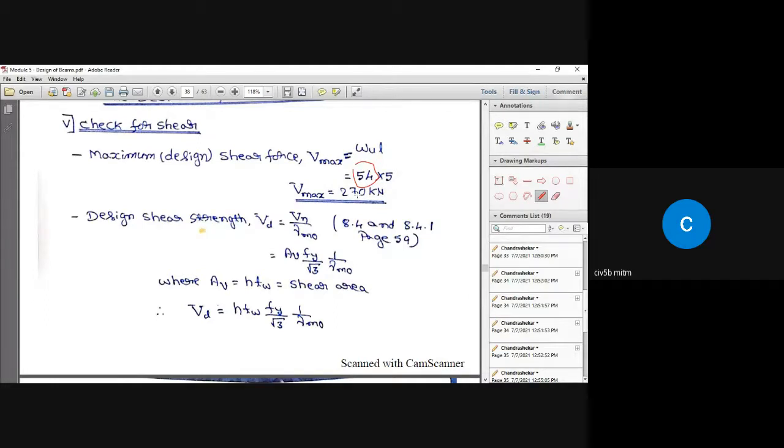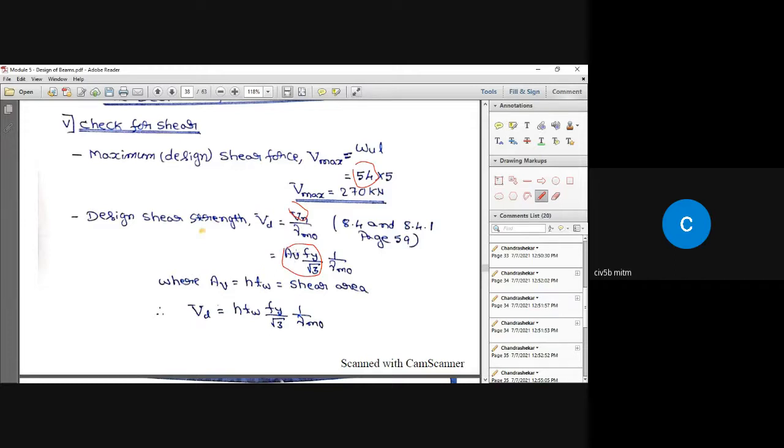Next, what is the design shear strength of this section we have selected? That is the shear capacity of this section. That is calculated using the formula Vd equal to Vn divided by gamma m. So Vn is AV multiplied by Fy divided by root 3. What is AV?